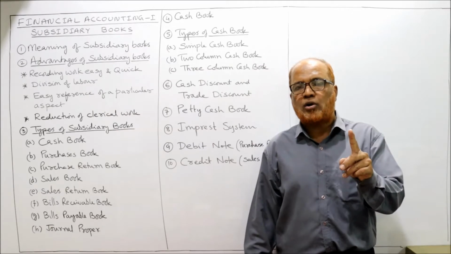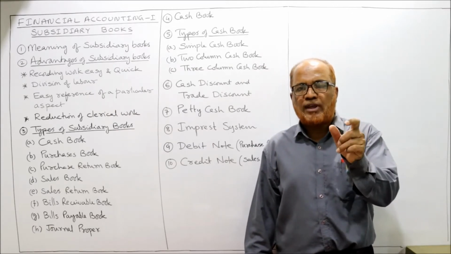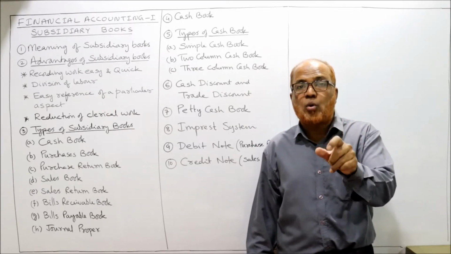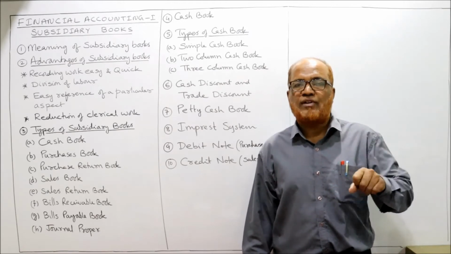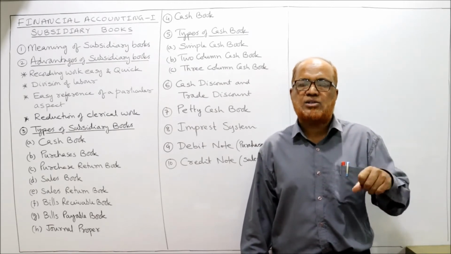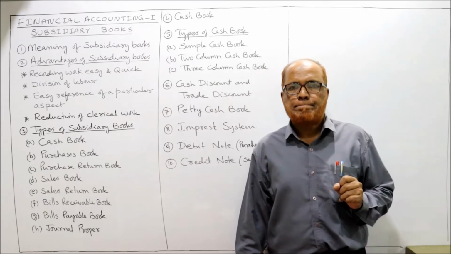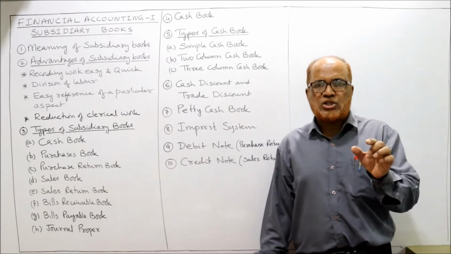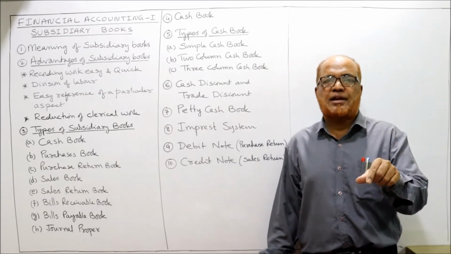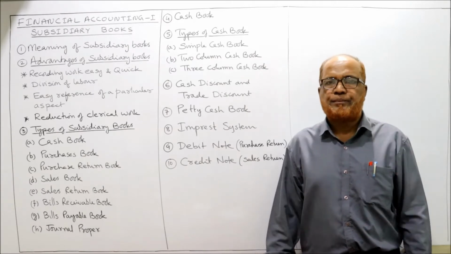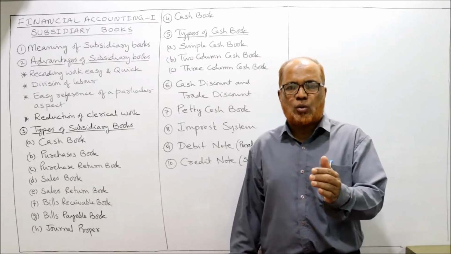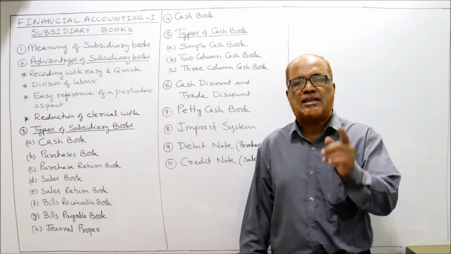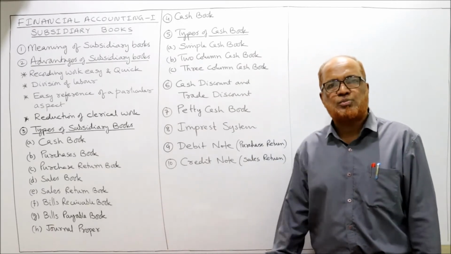And one more point you have to remember: in purchase book we record only purchase of goods, not purchase of any other item like assets or consumables, anything. So only purchase of goods on credit. These 2 words you have to remember. That means whenever we purchase the goods on credit, then only we'll record in purchase book.